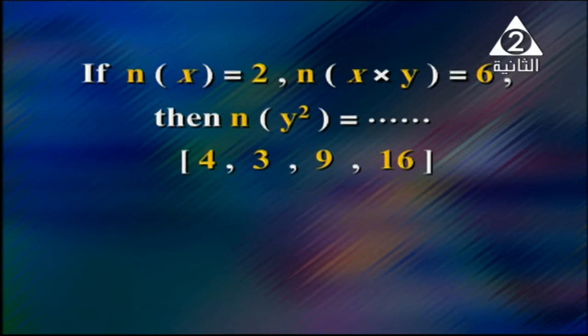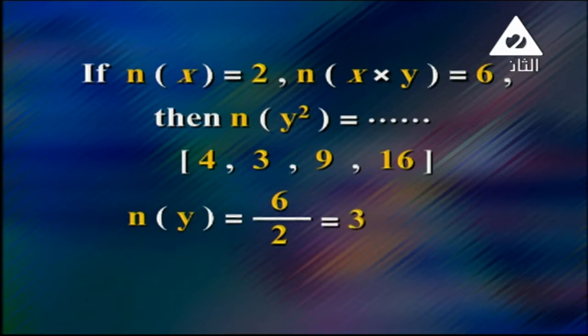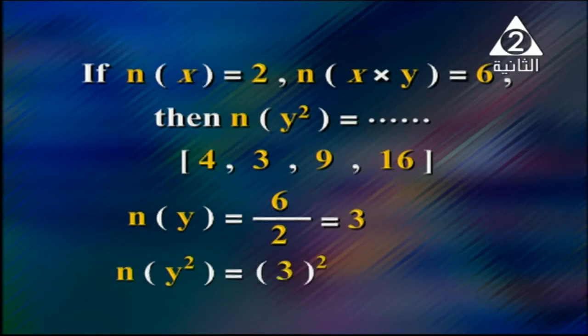Yes, that's correct. n(y) equals 6 divided by 2 equals 3. So we can say that n(y)² equals 3 to the power of 2 equals 9. So 9 will be the third choice.